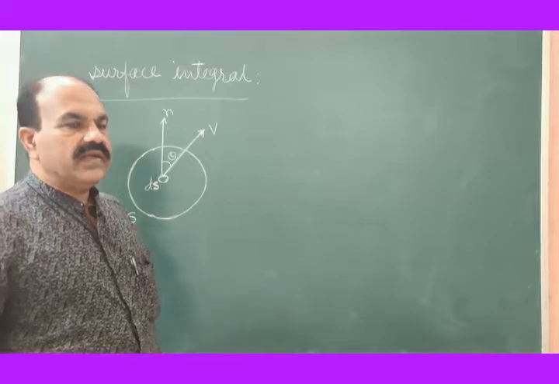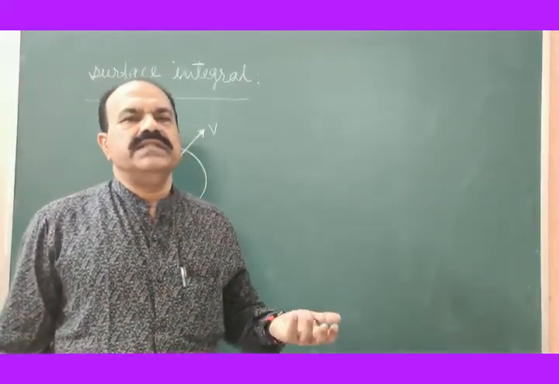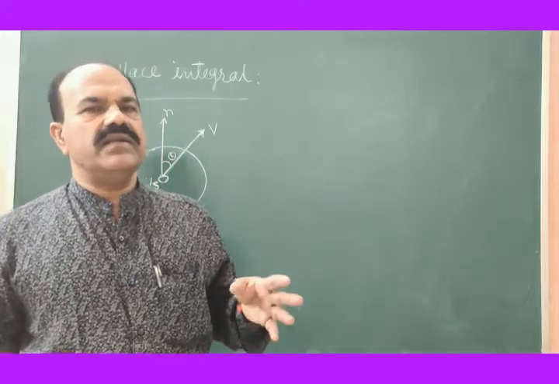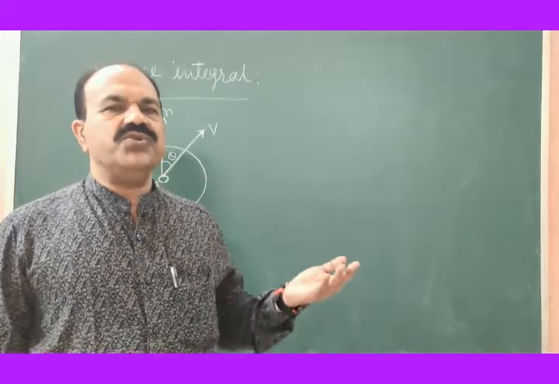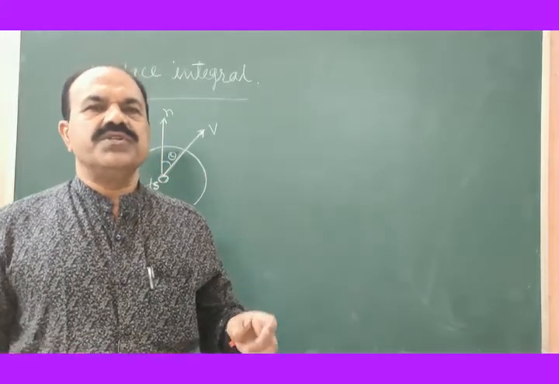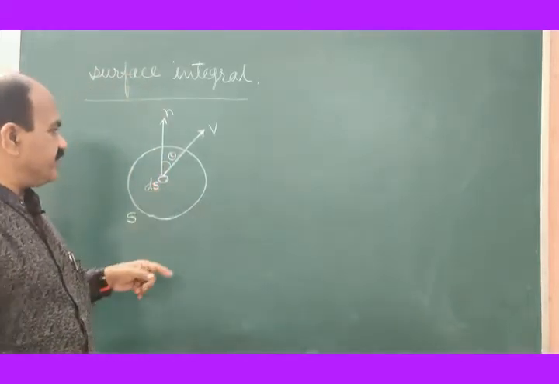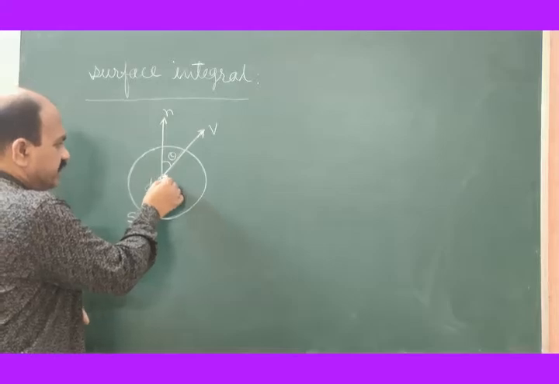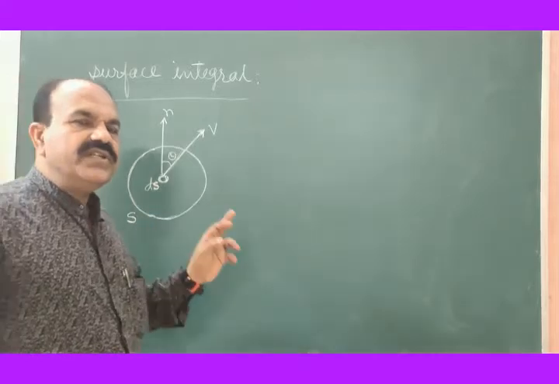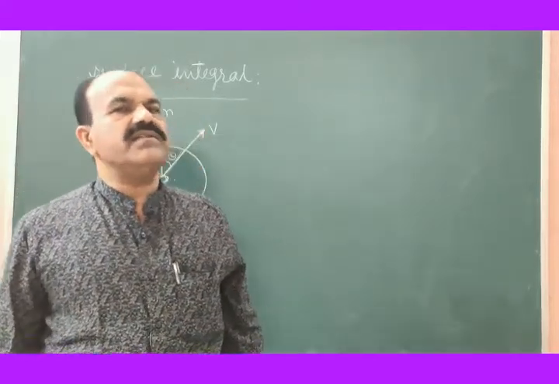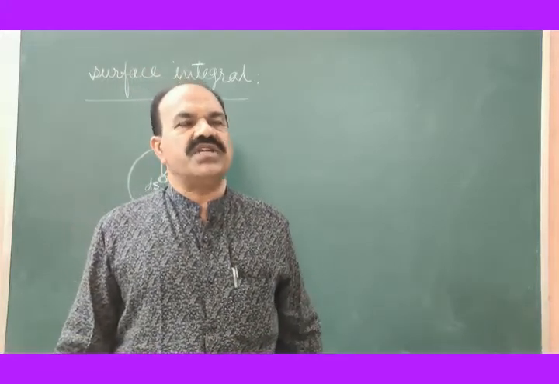Consider this closed surface S is divided into infinitesimal surface elements. It is divided into a large number of smaller surface elements. ds, this surface, it is the infinitesimal surface element ds of the given closed surface.